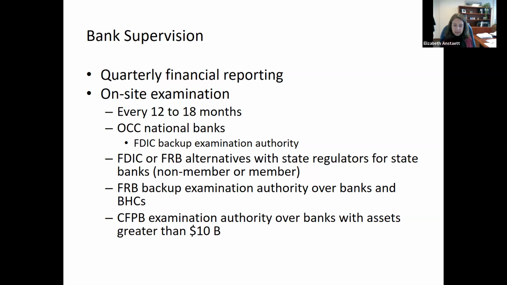And what that means is that they can go to those larger institutions, schedule an exam, request information on a schedule of their choosing. Whereas a smaller institution, they still have supervisory authority, which means if they are concerned about something, a complaint has been brought to them, they can go in response to an actual concern, but they cannot just go in and examine them.